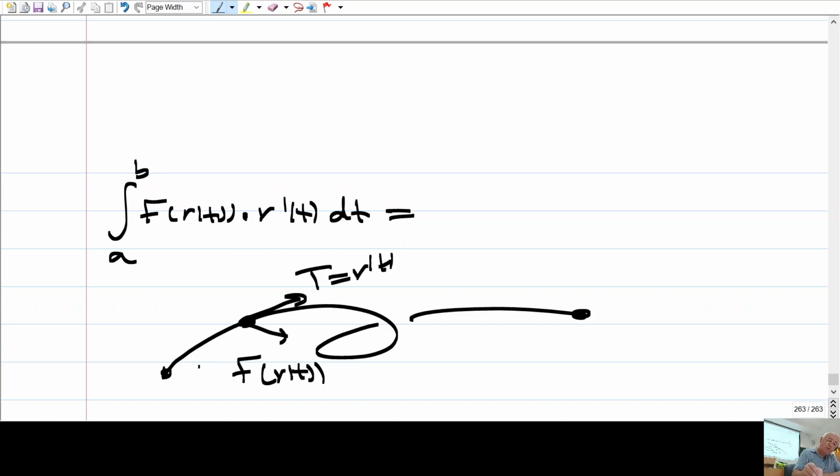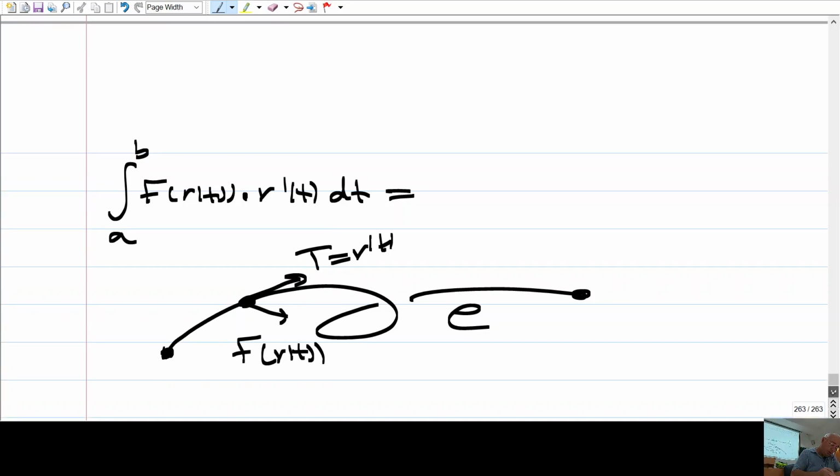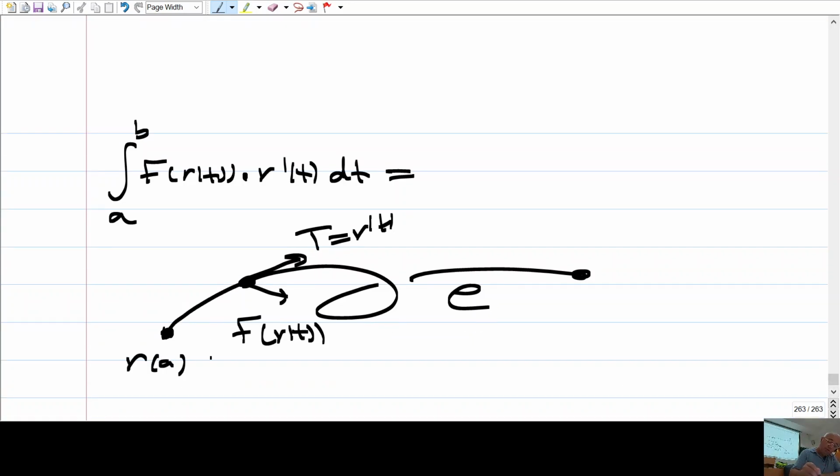This force, of course, changes from point to point. T also changes. This is just the work done by F during this period, pulling this object from this point r(a) to r(b).